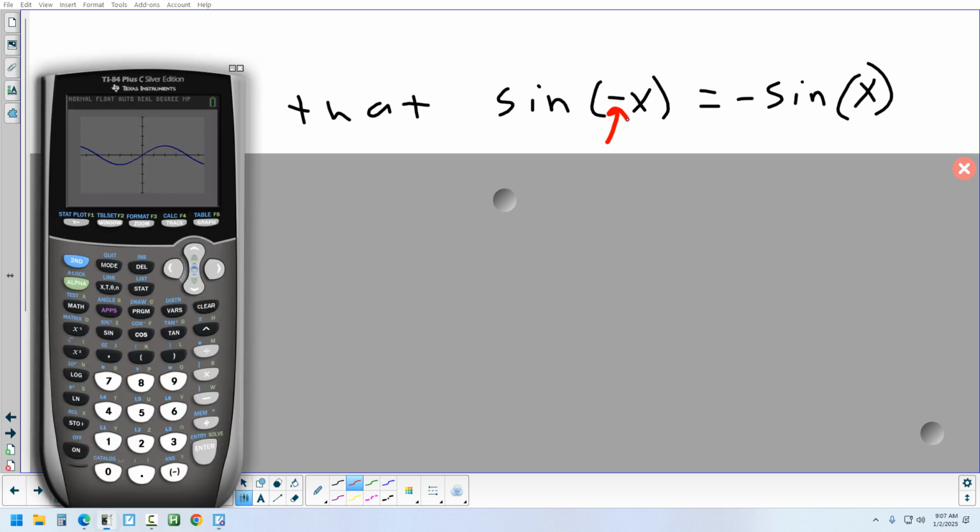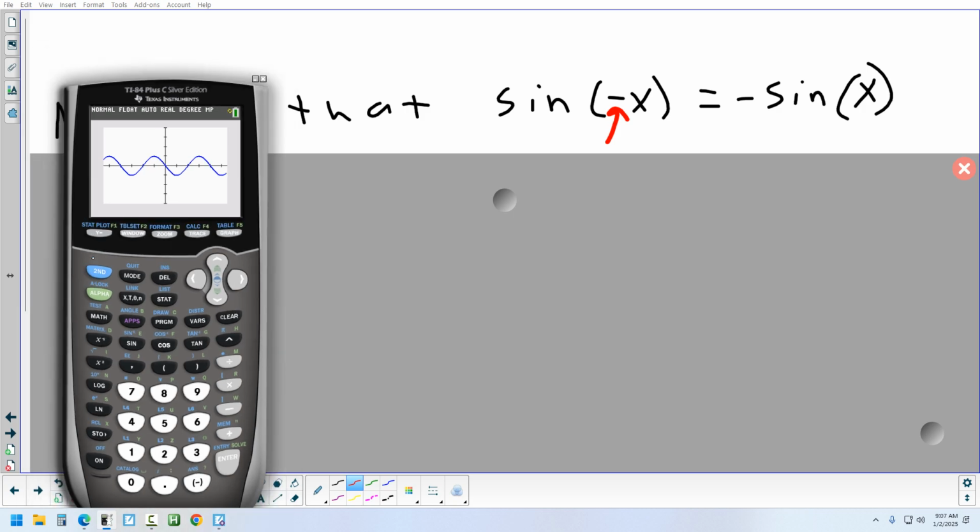Well, if you graph sine and put a negative in front of the x, or a negative in front of the whole thing, the graph is going to look exactly the same. If you can put a negative inside or in front and it looks the same, that means your graph has a certain kind of symmetry.